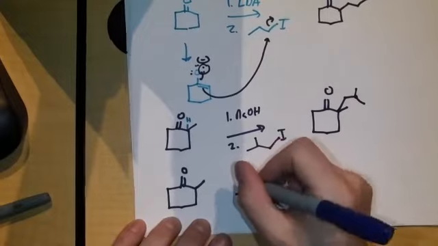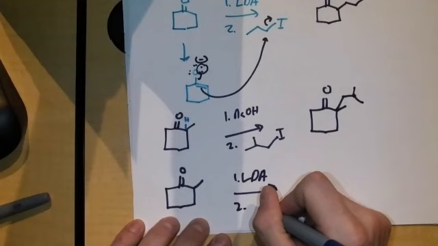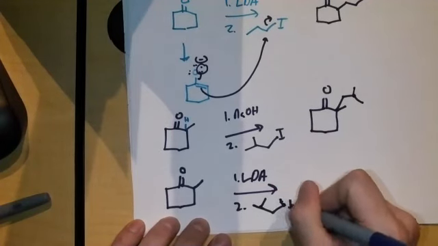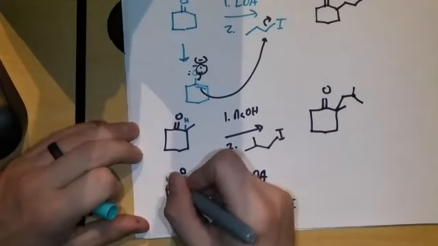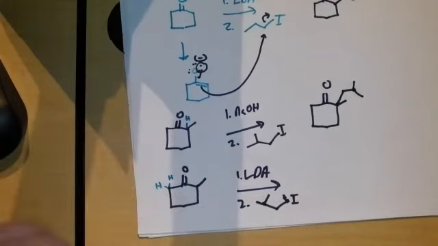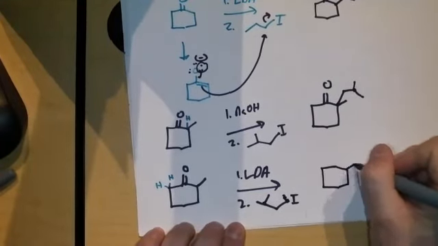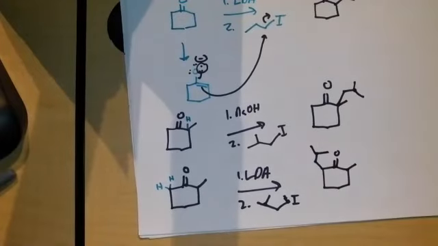Versus if I had a large base like LDA, can selectively pull off one of our secondary protons, to give a different product.